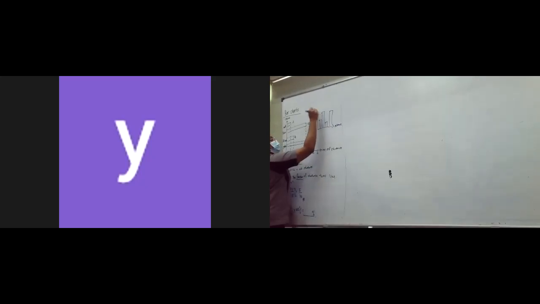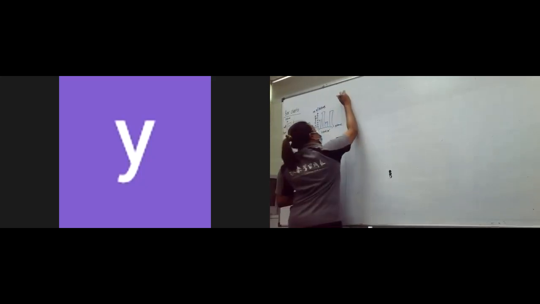Here will be the number of students. It's just the same example. Clear? This is vertical bar graph and this is horizontal bar graph. Any questions?